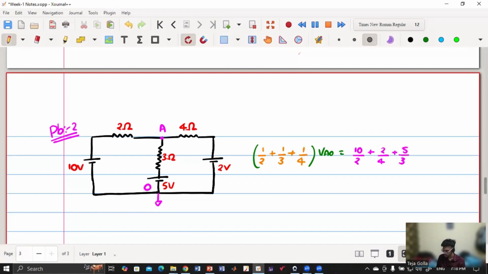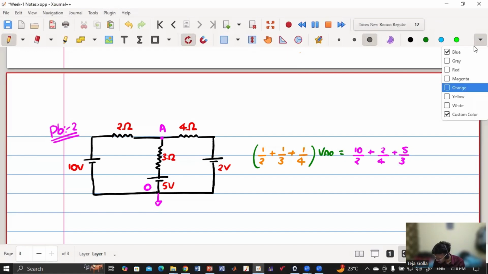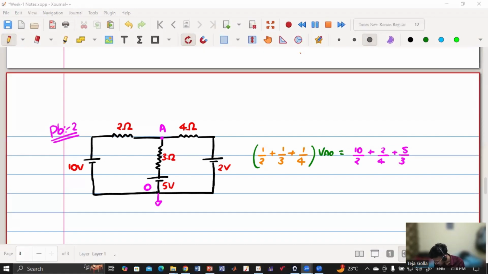Agree? And all are plus because A is connected to the positive terminal. So now can someone calculate and tell me what is the VAO voltage? I have not calculated, so please cross check and let me know what is VAO.